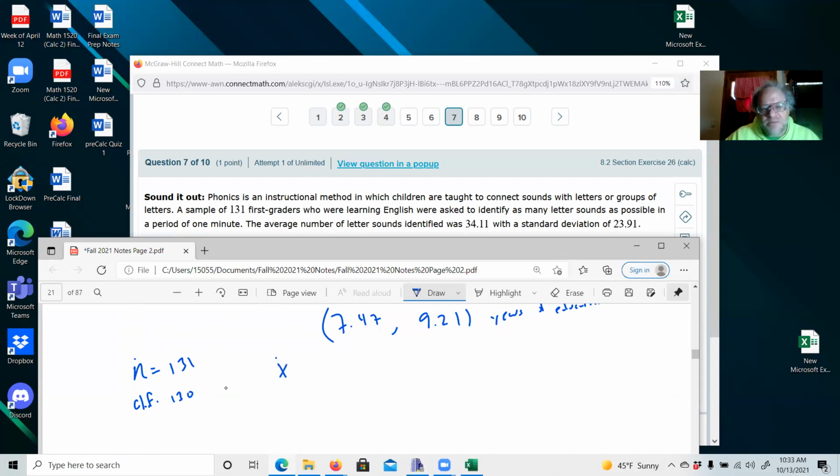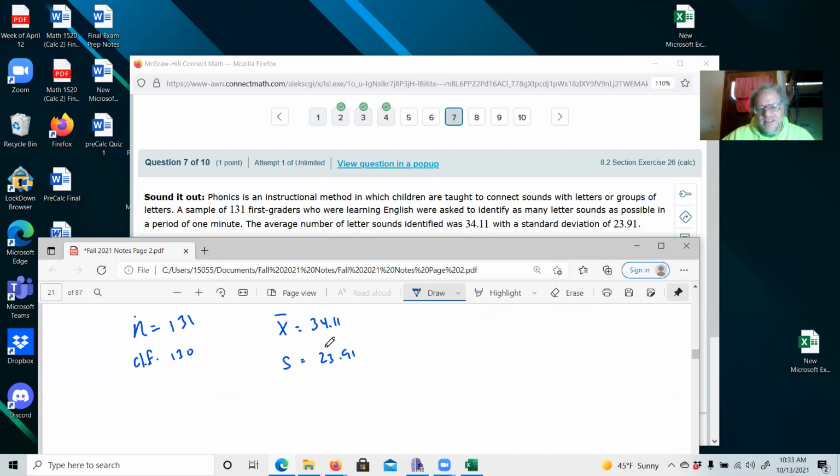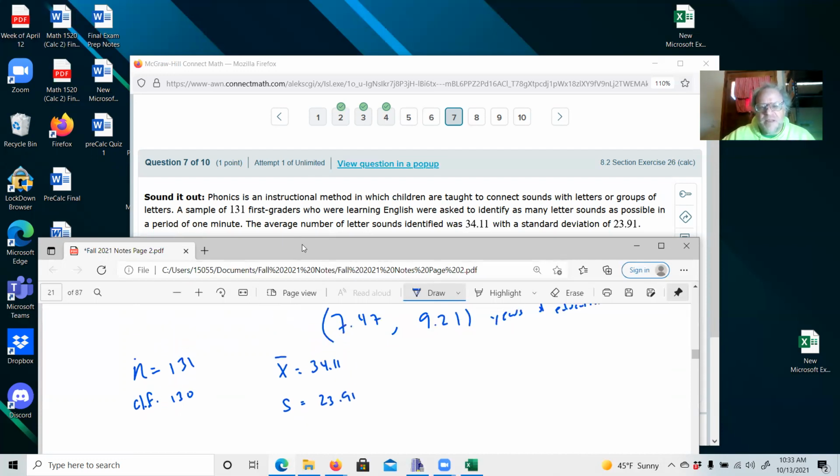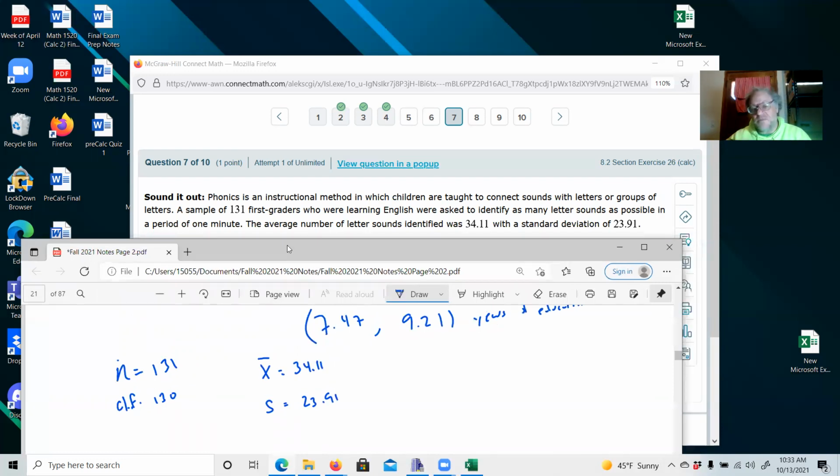The average was 34.11, and the standard deviation s, because it's for the sample, is 23.91. You have to be able to read this and determine, because this is what you're going to be doing. Is it an 8.1 problem or an 8.2 problem? I don't know.